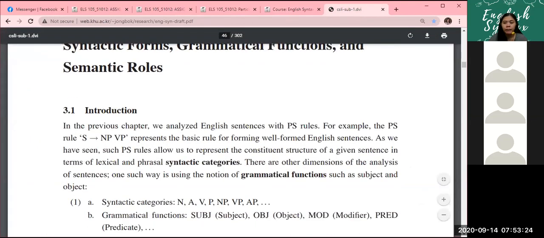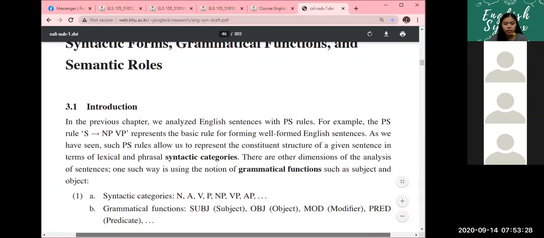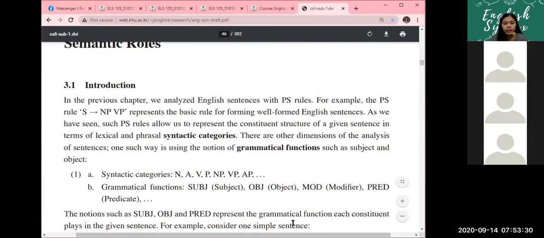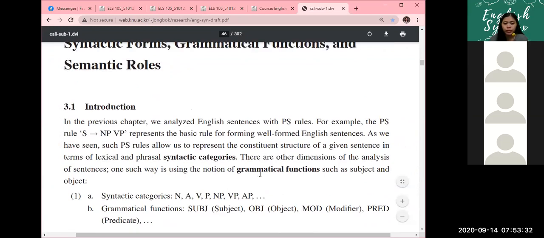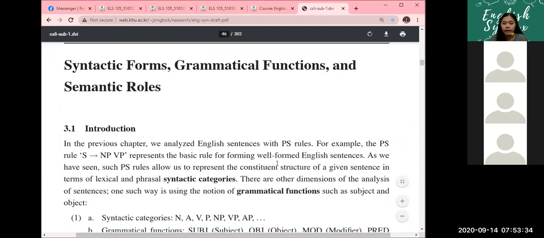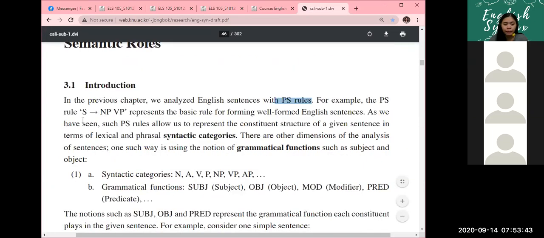In the study of syntax, or the study of sentence construction, in the previous chapter of the book we have analyzed how English sentences are formed using phrase structure rules, or PS rules. For example, this PS rule represents the basic rule of forming well-formed English sentences: a sentence is equivalent to an NP and a VP.